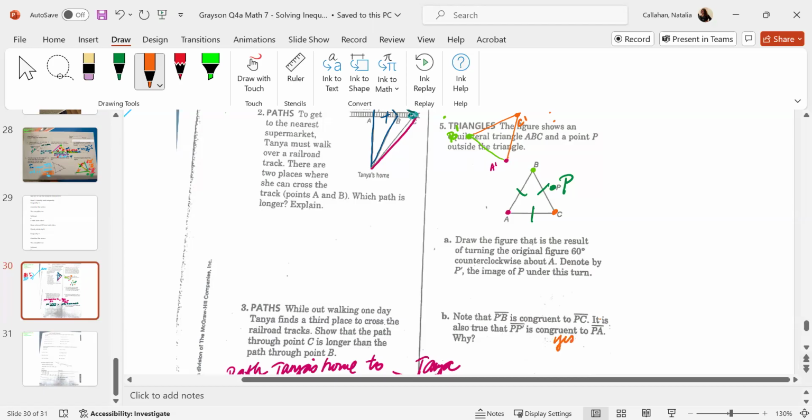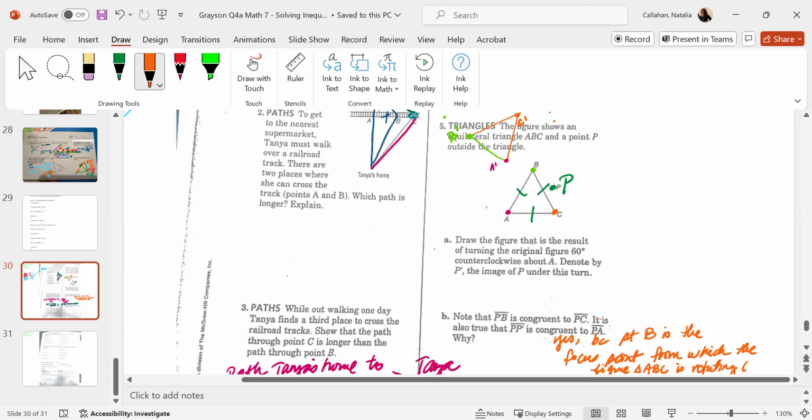Just put yes, because point B is the focus point from which the figure ABC is rotating.